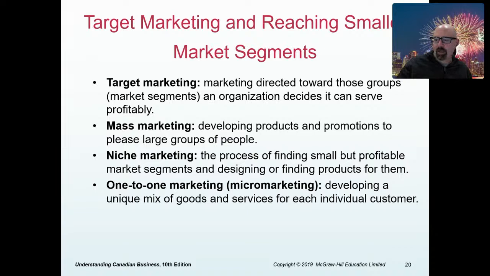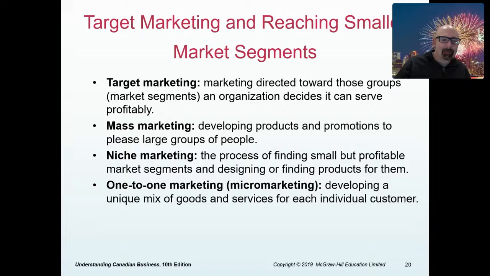Okay, so target marketing. Basically, target marketing is directing our marketing efforts towards that group that we feel we can serve at a profit. So if we are target marketing, we are going after most likely one of the segments that we've defined from the previous few slides.